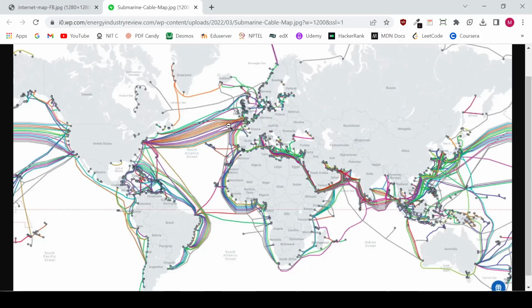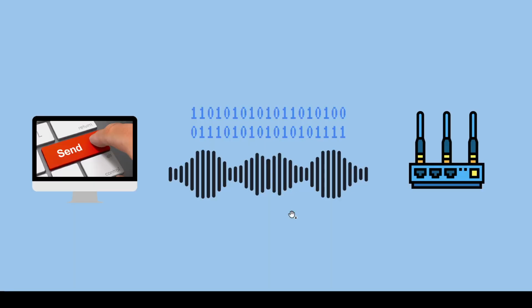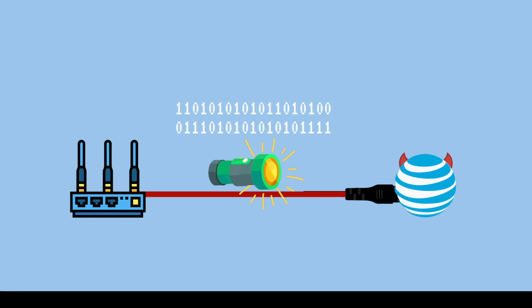This is how our data is sent to different parts of the world. Our data can be seen as a flashlight turned on and off, but it's actually electrons going down this cable. We won't go too deep into it, so long story short, we don't have much to care about it.